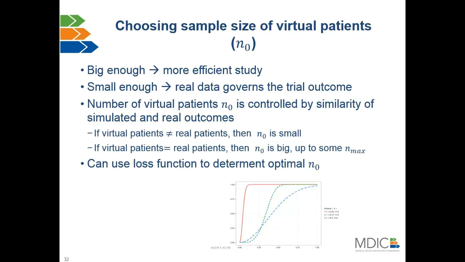If there is a lot of similarity between the virtual and real, then you get full credit, up to a certain max, and that max is developed at the beginning of the trial with discussions about the maturity of the model. And so how we did that was we developed what's called a loss function that determined the optimal N0, and N0 is really the number of virtual patients. Next slide.